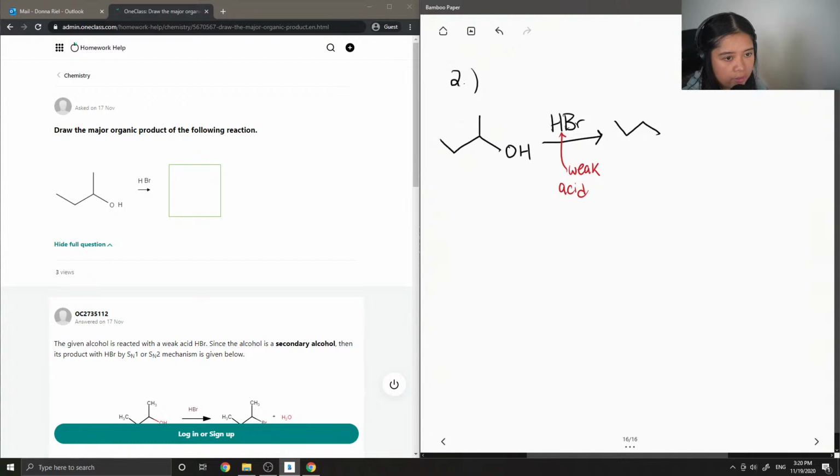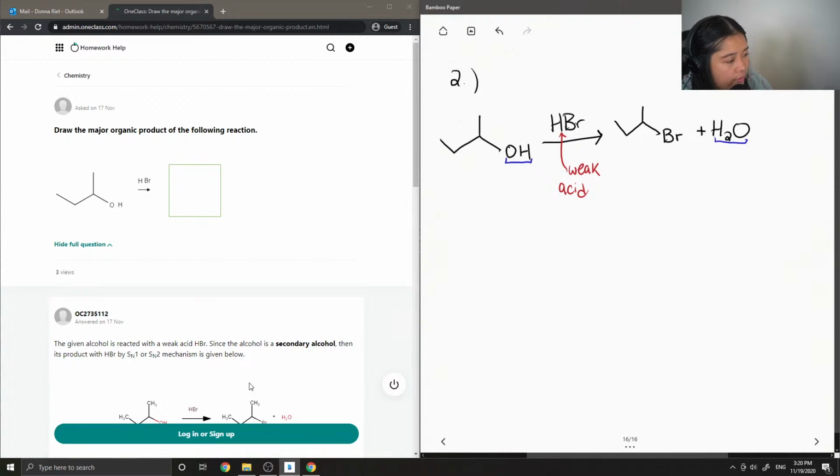The compound that arises from this reaction is a brominated carbon group plus water. The water came from the alcohol group that used to be on the compound, and it just got replaced with a bromine atom.